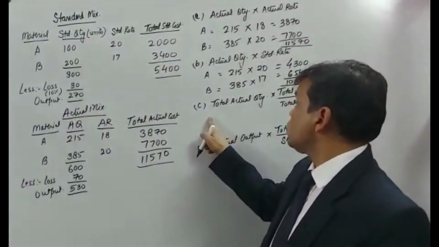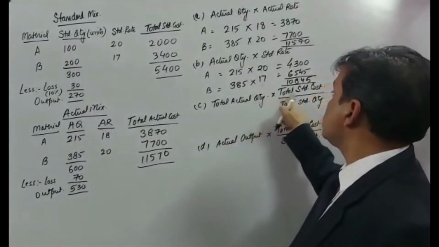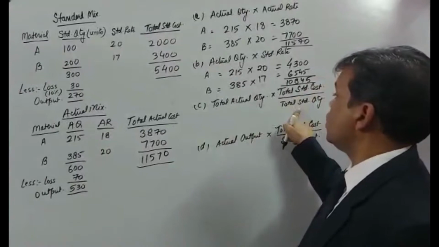In C, we calculate total actual quantity into total standard cost upon total standard quantity.